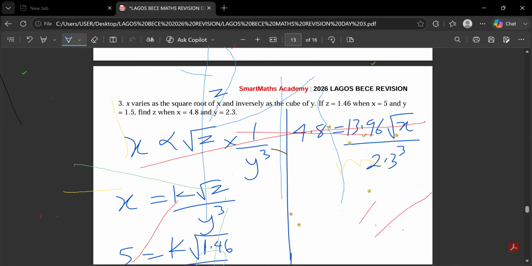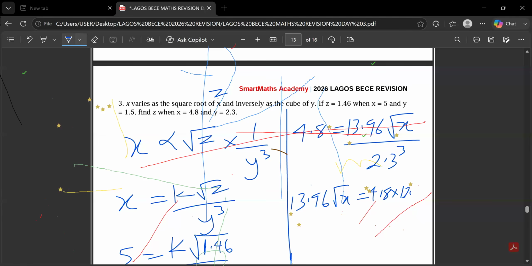When you cross multiply, 2.3 cubed is 12.167. So 13.96 square root of x equals 4.8 times 12.167.